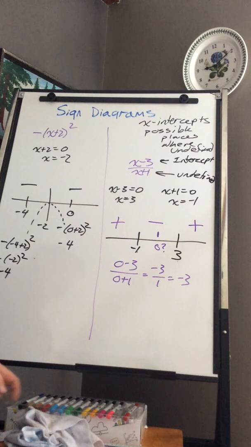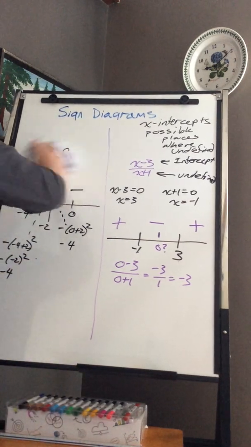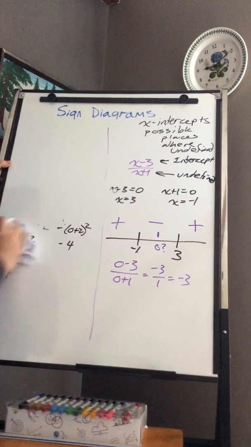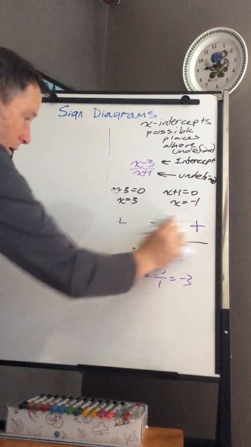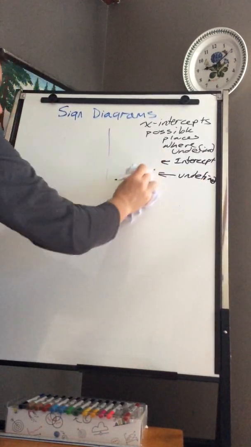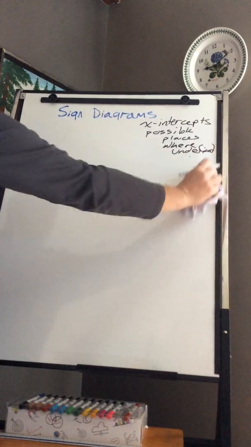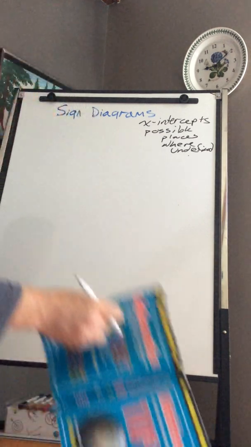That covers example 6. Example 7, we'll go through that. This video is getting crazy long, but sign diagrams are going to be important, like I said, with pre-cal, maybe even calculus.